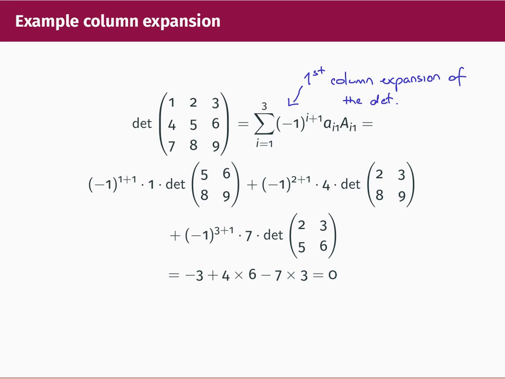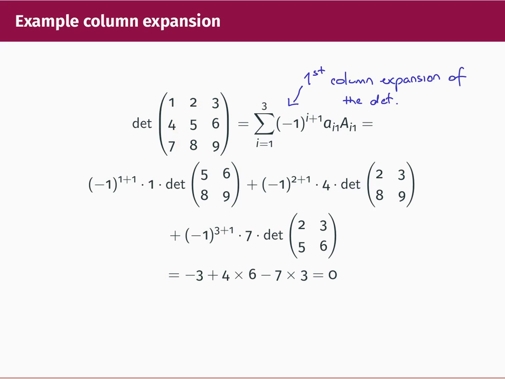First term when i equals 1 is minus 1 to the power 1 plus 1 times the 1, 1 entry of A, which is 1, times the determinant of the 2 by 2 matrix obtained by deleting row 1 and column 1. So here's row 1 and column 1. When we cross those out, the matrix we're left with is 5, 6, 8, 9.